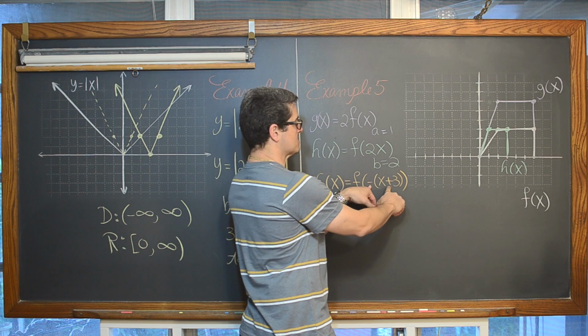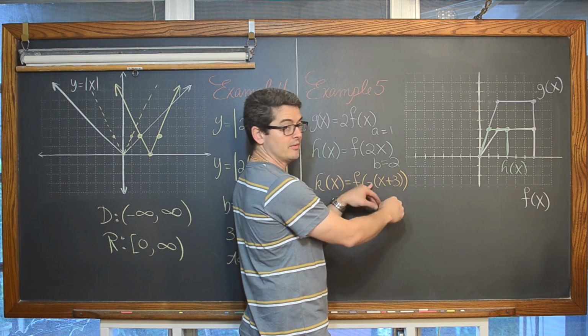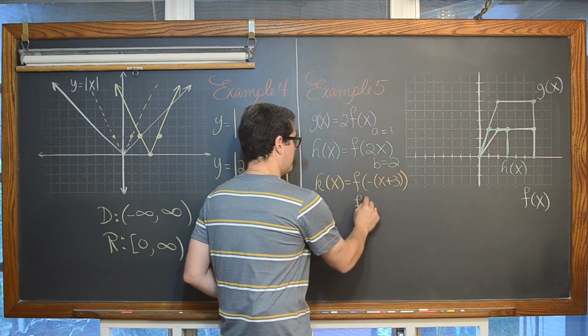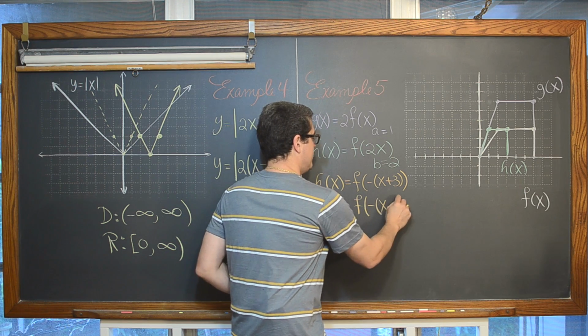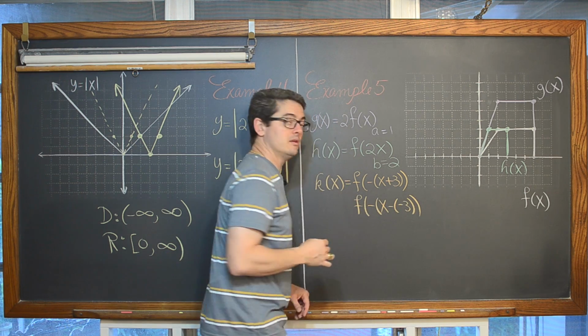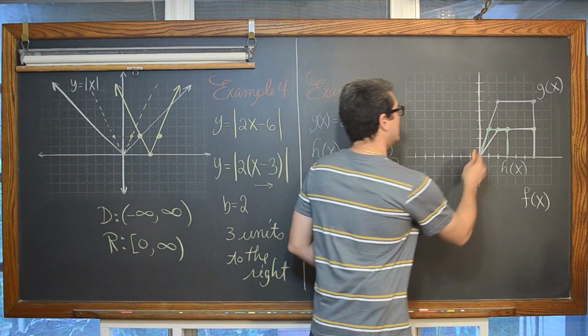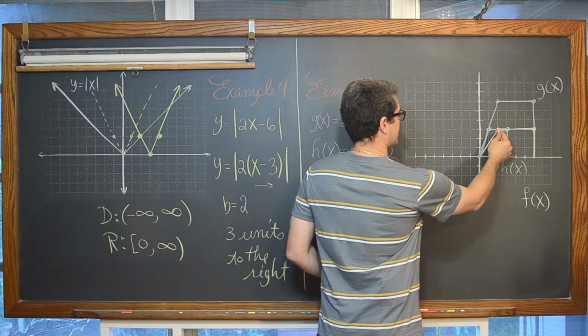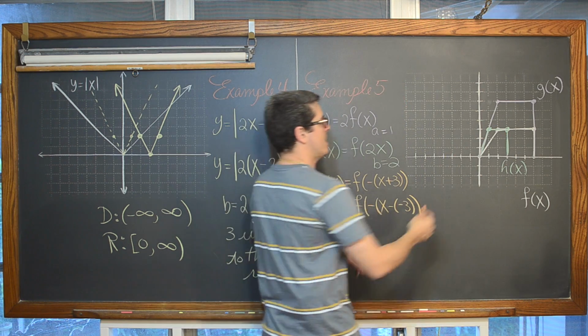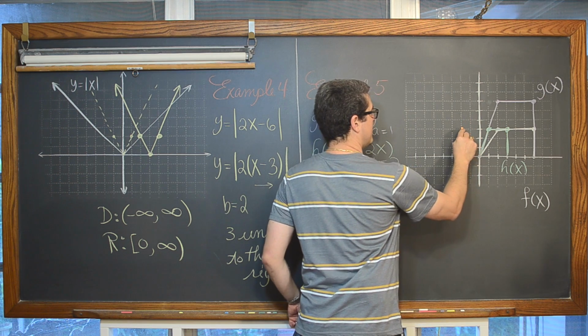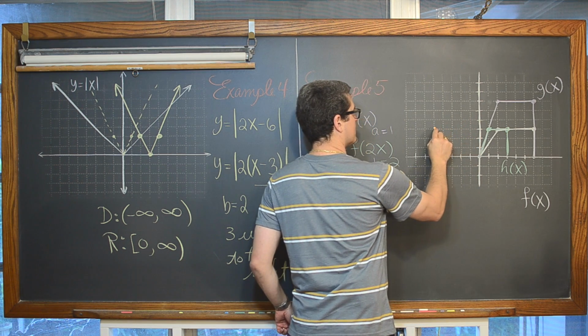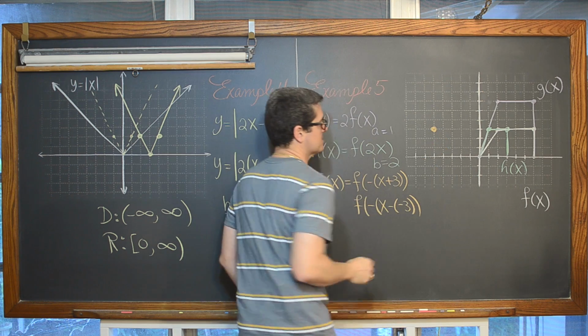Reflect it over the y-axis and shift everything over to the left 3, because here this would be like f of negative x minus -3. Your c value is -3. That's to the left. So instead of being at an x value of 2, the reflection over the y-axis is going to make that an x value of -2, and then 1, 2, 3. Let's move it over 3 spaces.